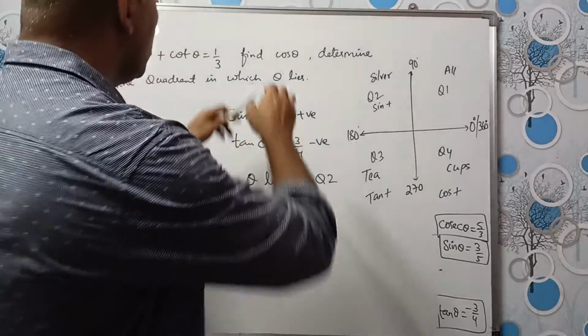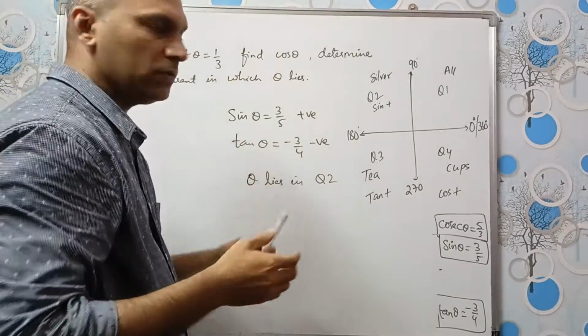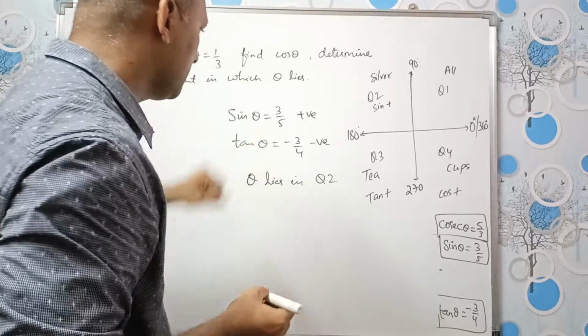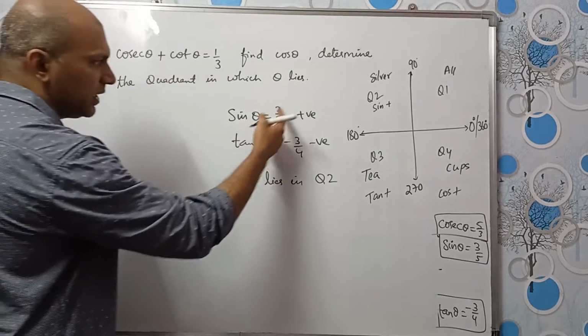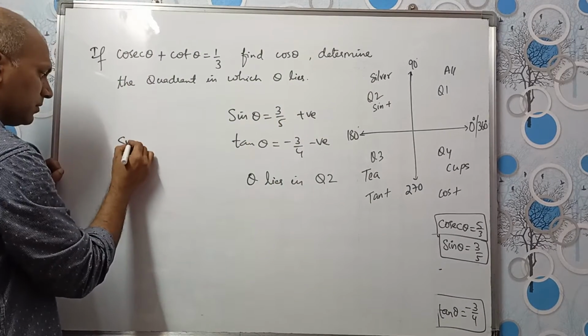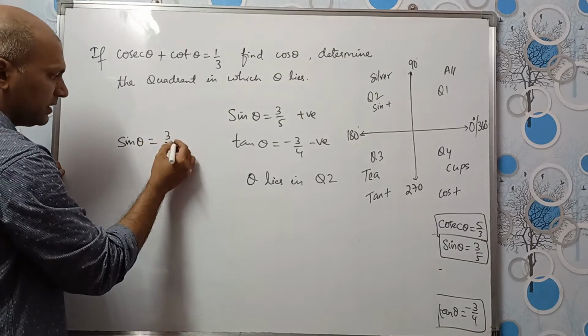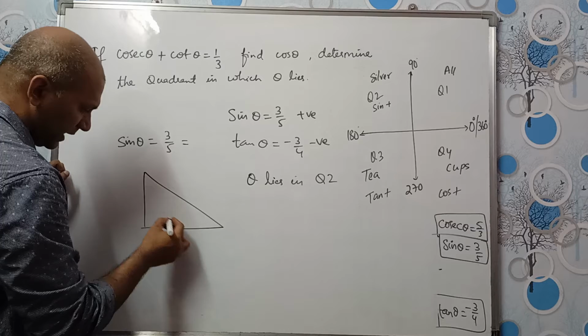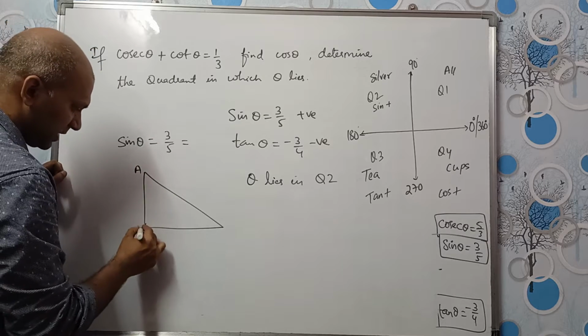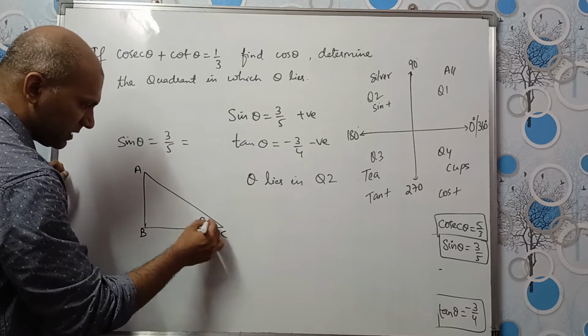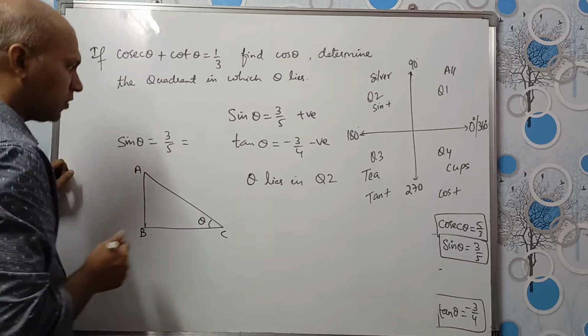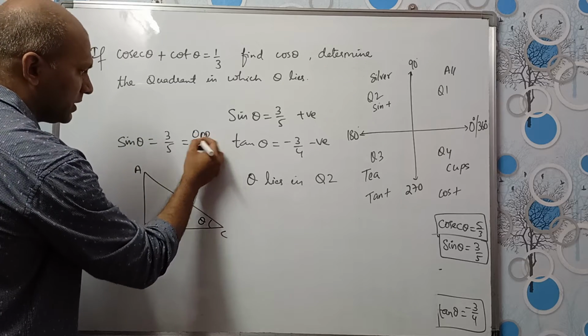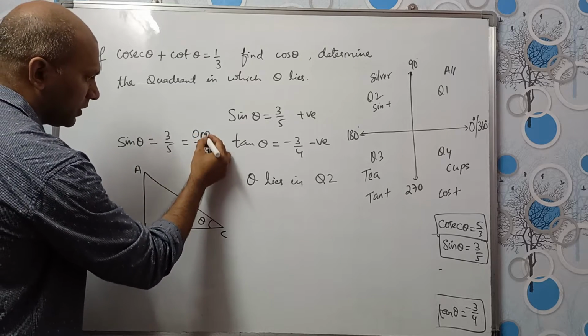We need to find the cos value also. Now there are many methods of solving from here. We know the sine value, sine theta is 3 by 5. If you draw a right angle triangle, let us name this triangle ABC, and if this is theta, we know the sine formula is opposite divided by hypotenuse.